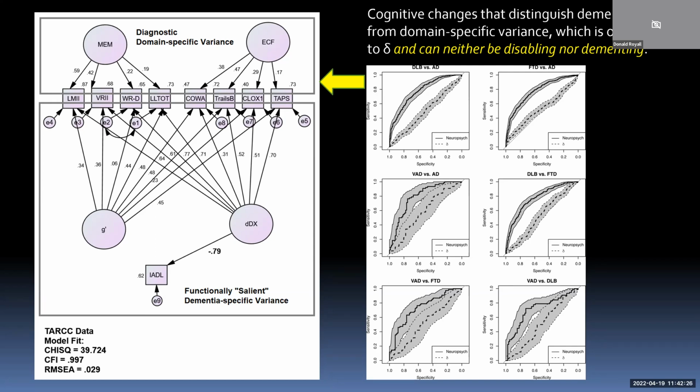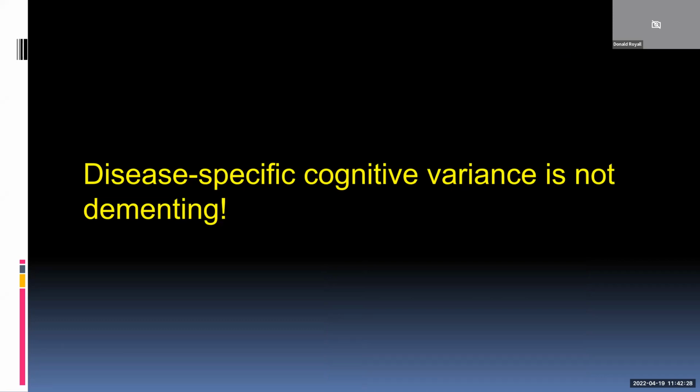But the problem is that domain-specific variance is orthogonal to D, which means it's unrelated to functional status, which means that it does not contribute to dementing severity. So that leads to a very surprising conclusion that disease-specific cognitive variance is not dementing.